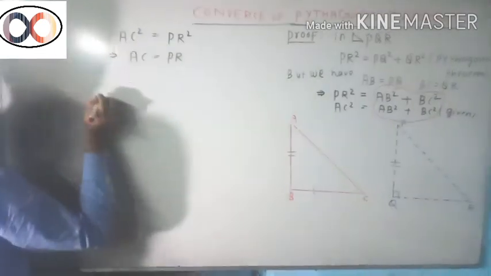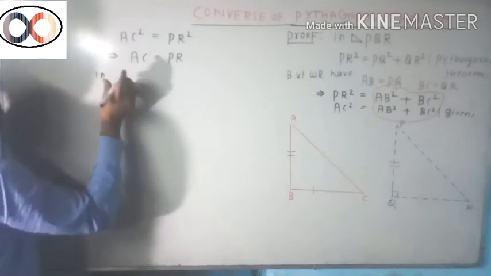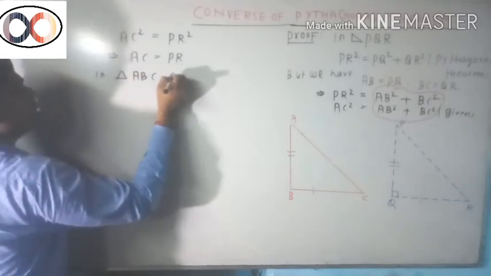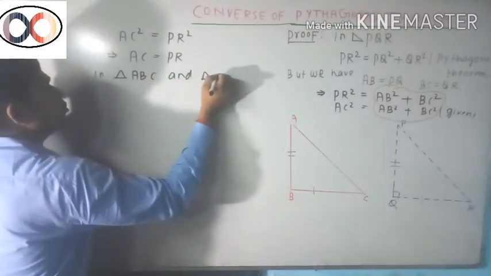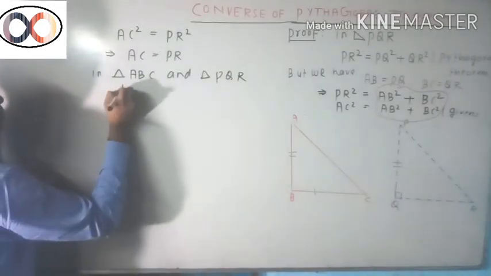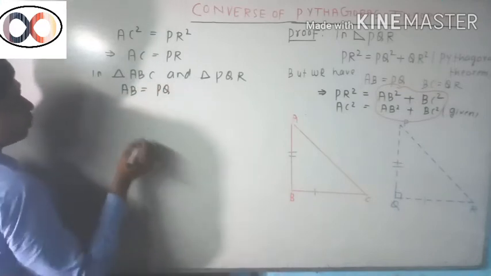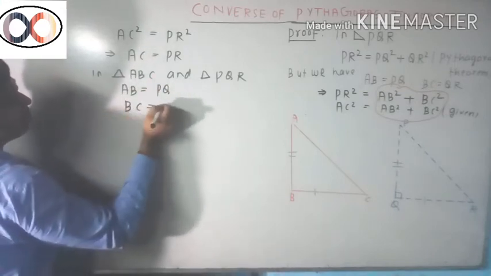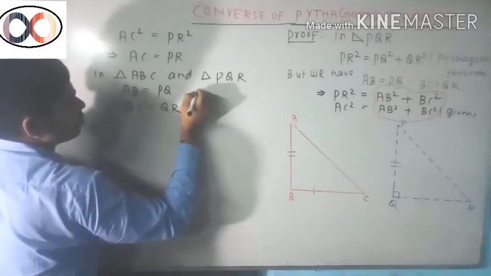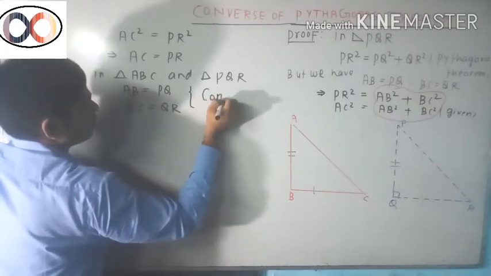Now we can show the triangles congruent. In triangle ABC and triangle PQR, we can write AB equals PQ, and BC equals QR, due to construction.